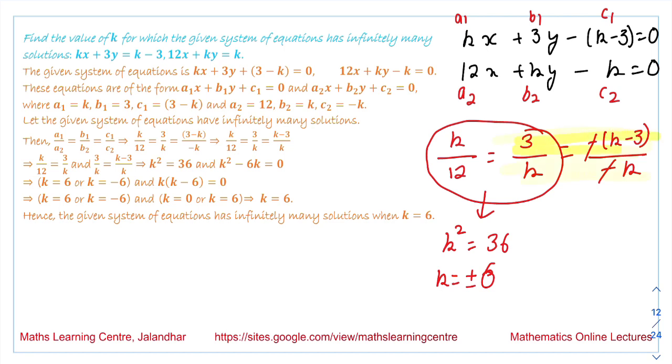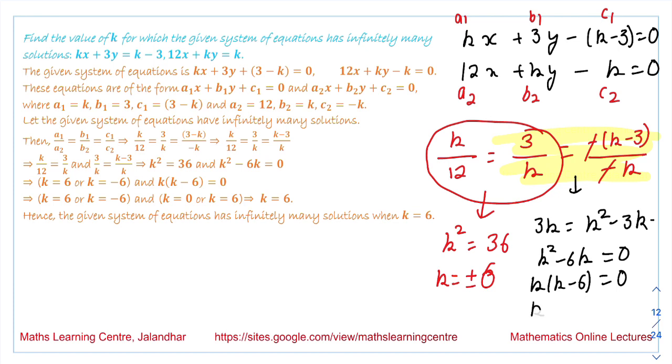Next, if we consider the other two ratios, on solving them we get 3k is equal to k square minus 3k. So this is k square minus 6k is equal to 0. So it is k into k minus 6 is equal to 0. So we are saying k is equal to 0 or k is equal to 6.